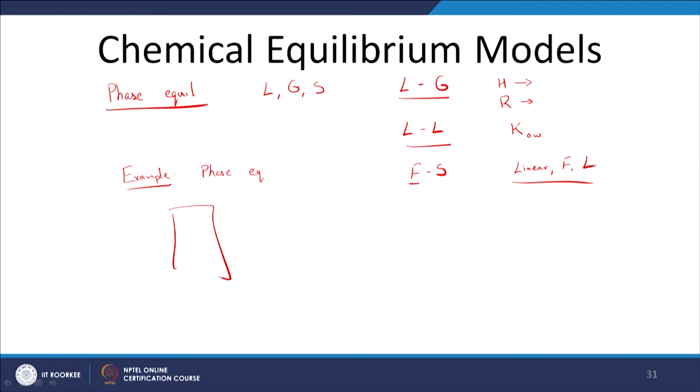So we had two phases, one is water and one is gas. Initially all the compound was only in the water, and after phase equilibrium, we wanted to calculate the concentration at equilibrium in both the phases, right?